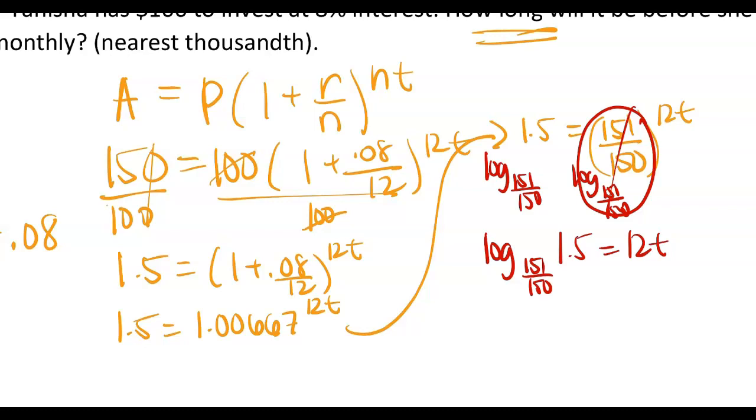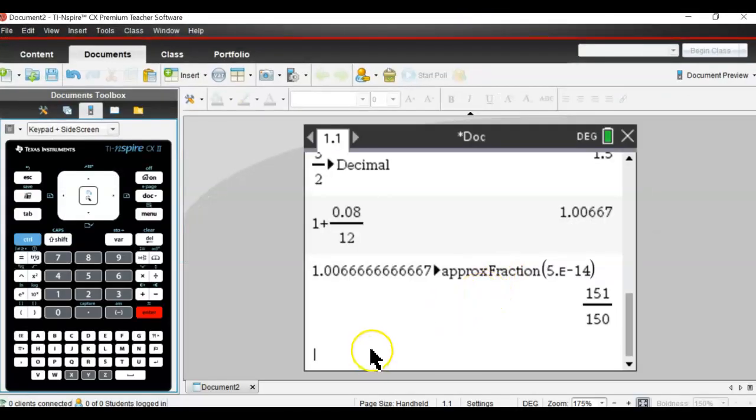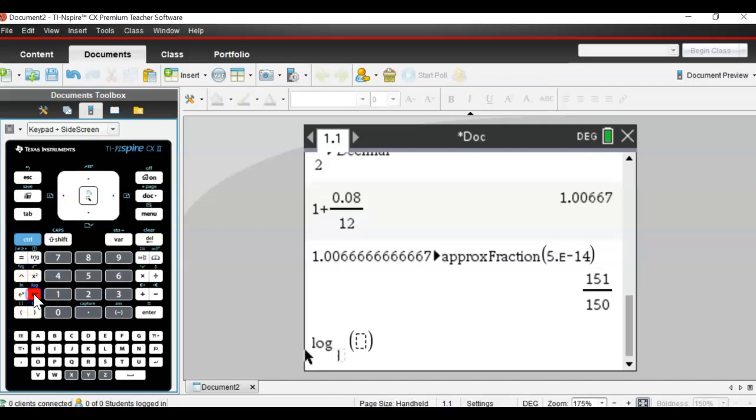Well, I'm almost done. I will need to get rid of that 12 in a second, but let me take that log base 151 over 150 of 1.5 to find out what that's going to look like. On your calculator, please get this in front of you because this is the whole point of this video. Right now, I want you to hit control, 10 to the x power, which is log. Notice that it has a space for your base.